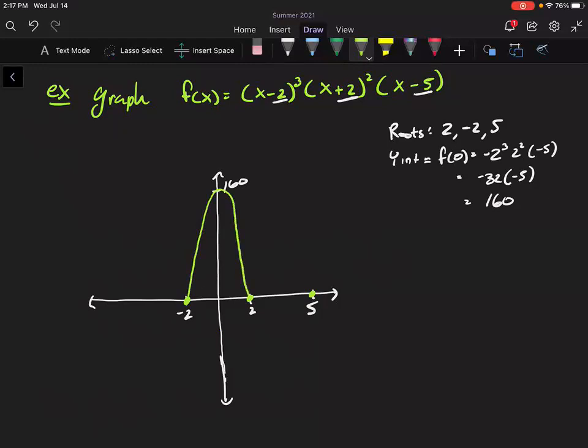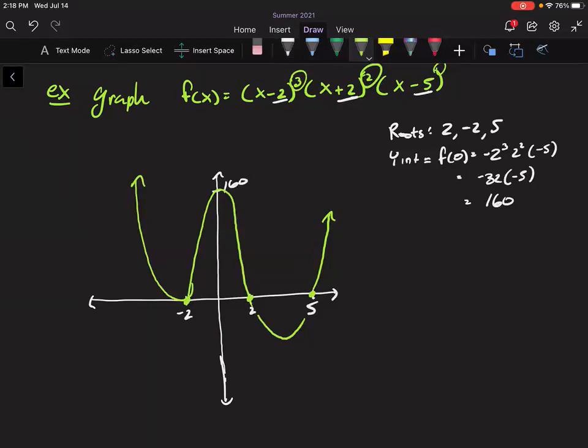And now we can figure out what it does at each root by looking at the multiplicity. So at -2, we have an even multiplicity, so we're going to bounce. But at 2 and at 5, we have odd multiplicities, so we cross through. So our graph looks something like this.